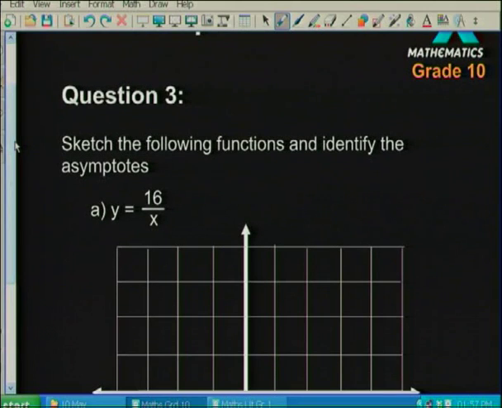Let's have a look at our first example. Now, a hyperbola has something very important that we're only dealing with for the first time this year, and those are asymptotes. Asymptotes are imaginary lines that my curve gets closer and closer and closer to, but it doesn't touch.